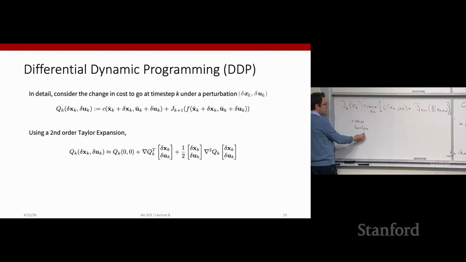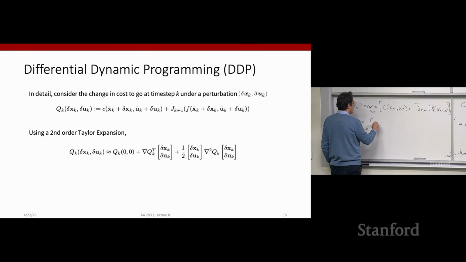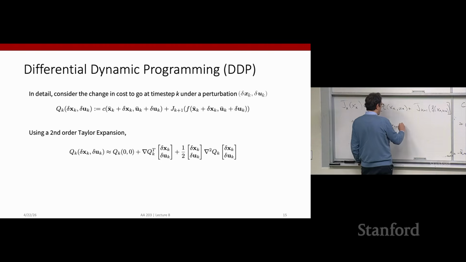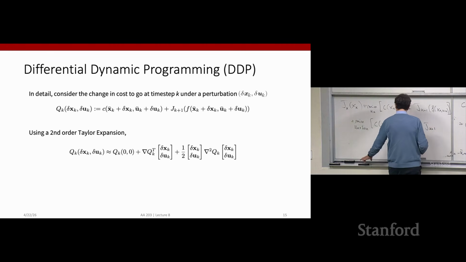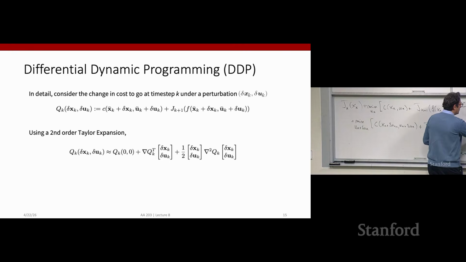Remember that delta u is u minus u bar, where u bar is a nominal control trajectory. c of x_k plus delta x_k, u_k plus delta u_k, plus J_{k+1} of f of x_k plus delta x_k, u_k plus delta u_k.